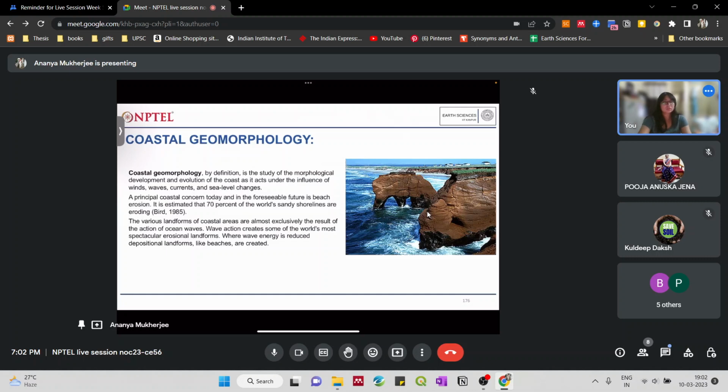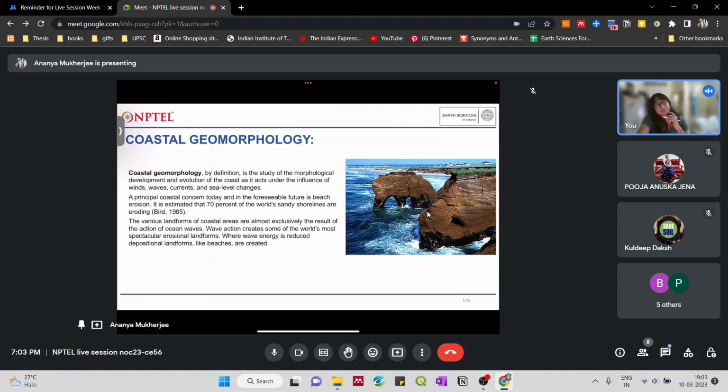At some places the erosion is much more than the deposition, so the sea is shifting landwards, and at some areas the deposition rate is much more. But if the sea level keeps rising, the areas where you have beaches and depositional coastal landforms will get submerged. So the coast is going to reduce, or move landwards. That is why it's important for us to understand coastal geomorphology.